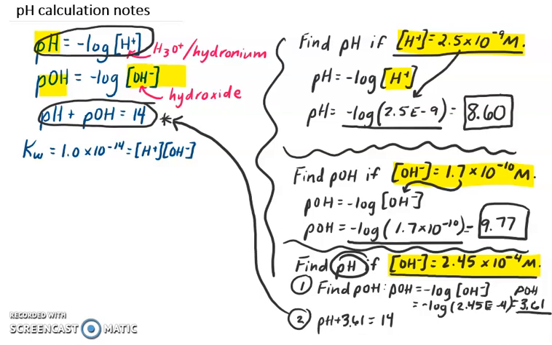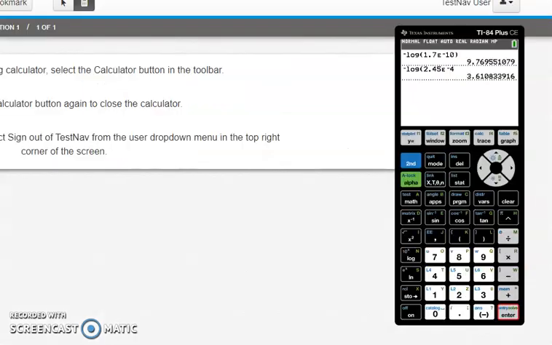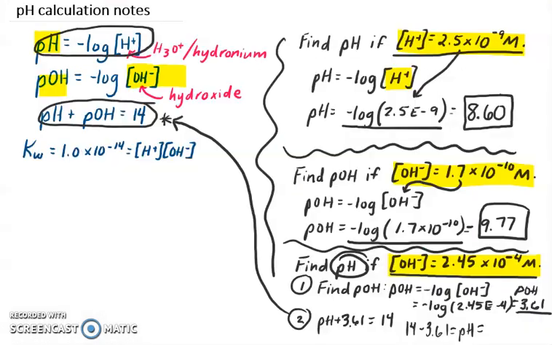Do you see that I can just take 14 minus the 3.61, and that's going to give me my pH. So let's go back to my calculator. 14 minus 3.61, and I get for an answer 10.39 is my pH.